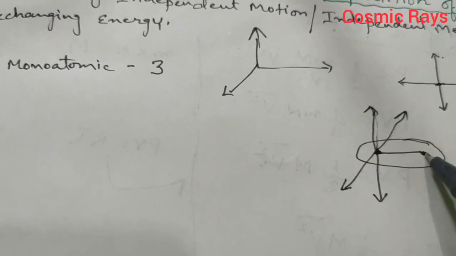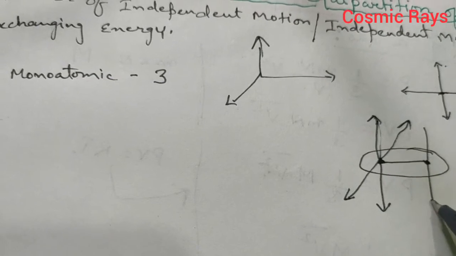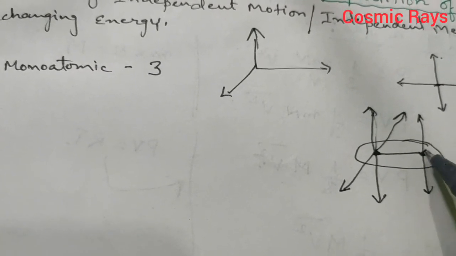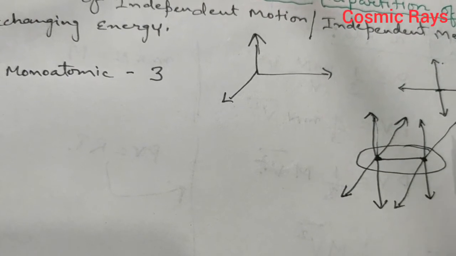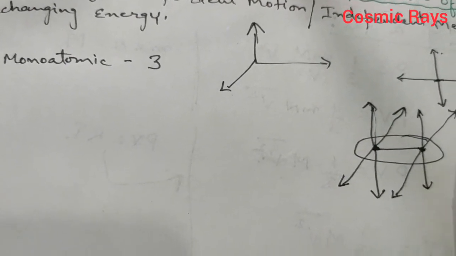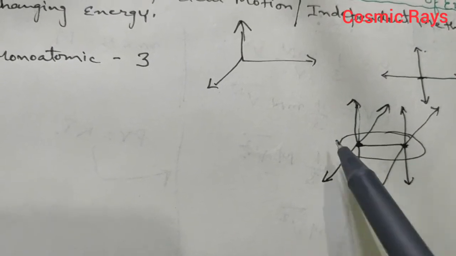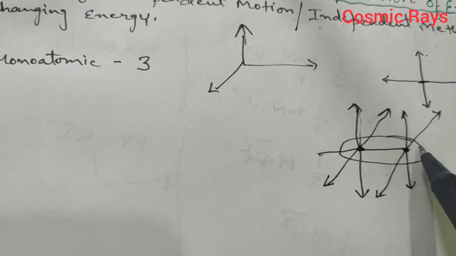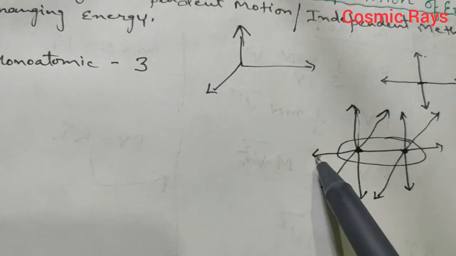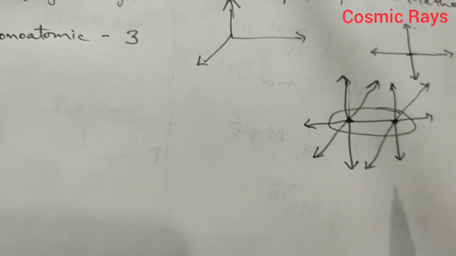Similarly, for this molecule, it can have the movement along y-axis and along z-axis. But if it wants to move along x-axis, then this molecule has to come along. So this is restricted along x-axis. If they move, they have to move together.